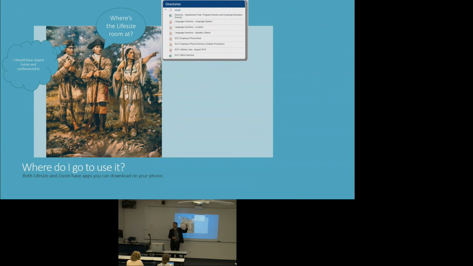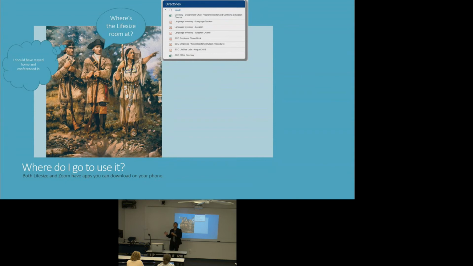And you'd be able to link that video to your Canvas class if you wanted. It would be a hyperlink. It wouldn't be a download and upload. So it would be linked to the class.